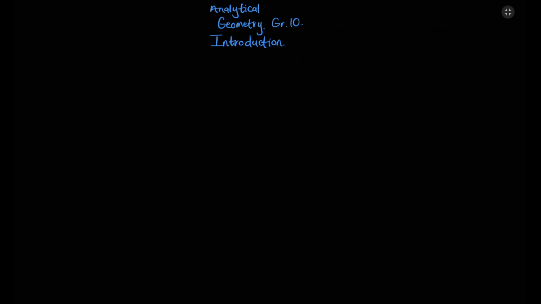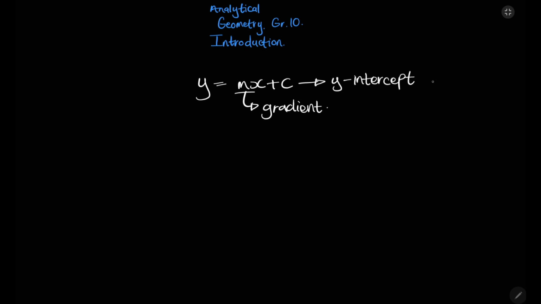Now, before we even start with the grade 10 work, we have to revise our grade 9 straight line formula. Okay, you guys know that it's y is equal to mx plus c. Your m is the gradient and your c is the y-intercept, where x is equal to 0.